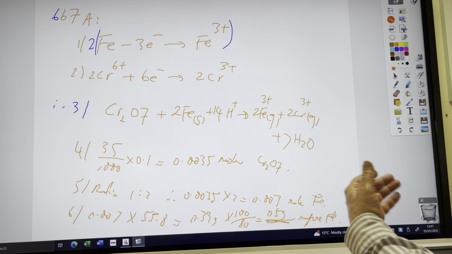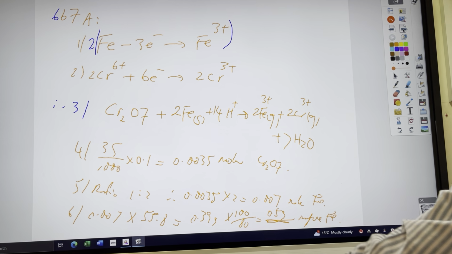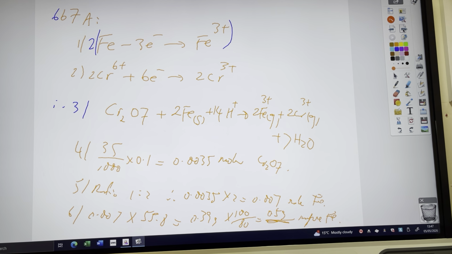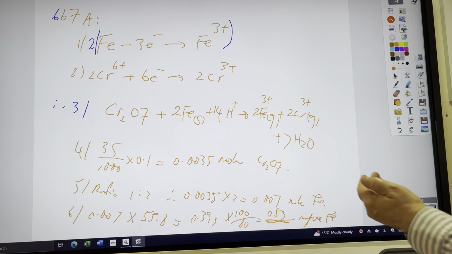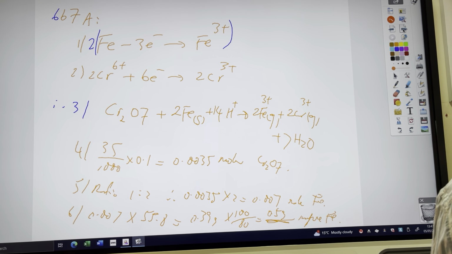But remember, it was 80% pure. So the original mass is 100 times 80, 0.5, which is the impure mass of iron. 3.39 gram is pure, but then there was another 20% impurity on top. Yeah, so multiply by 100 divided by.